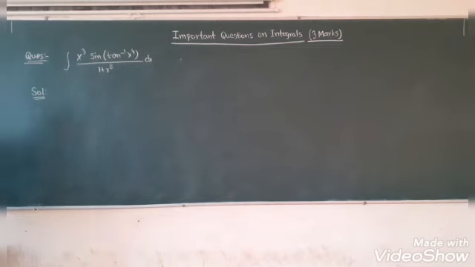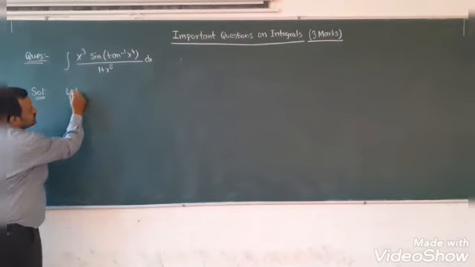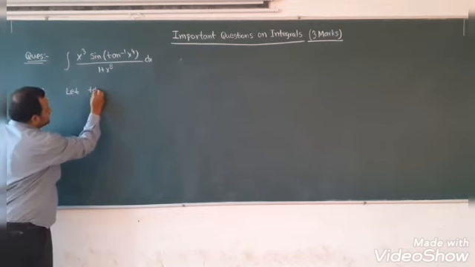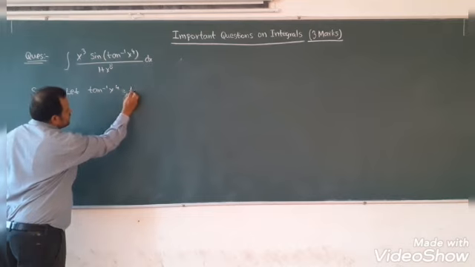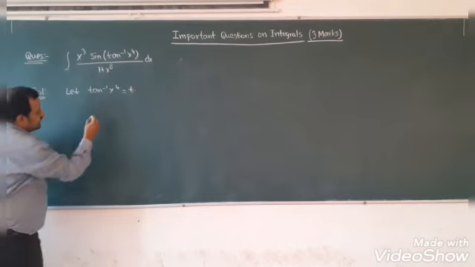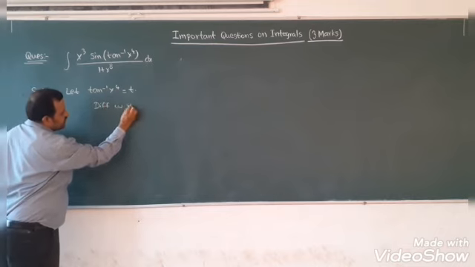Look here. So again substitution we have to apply, right? So what I can do here is let tan inverse x to the power 4 is equal to t. Differentiate both sides with respect to x.